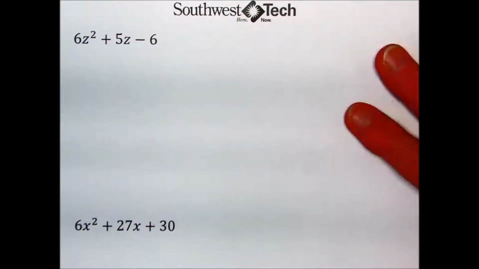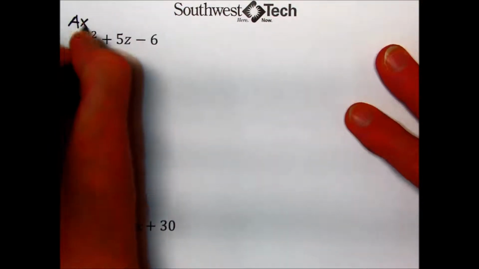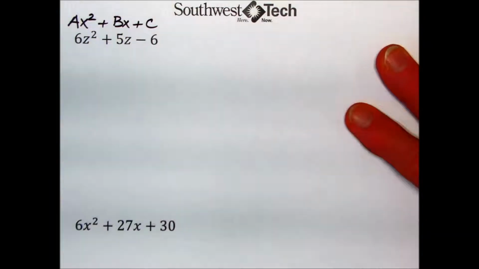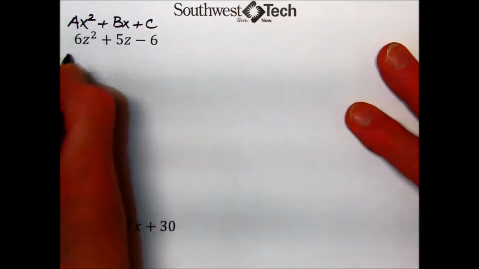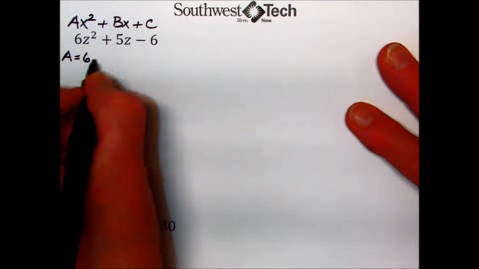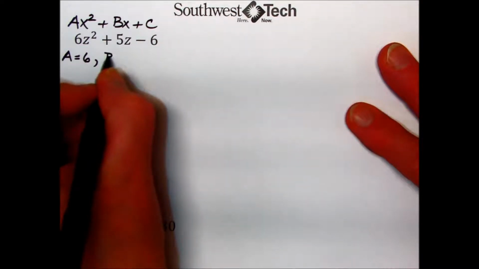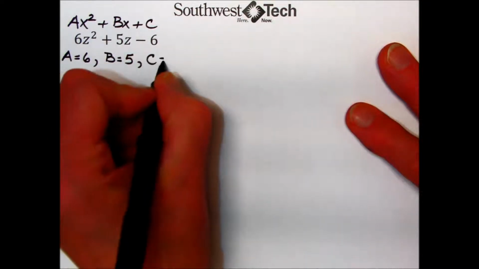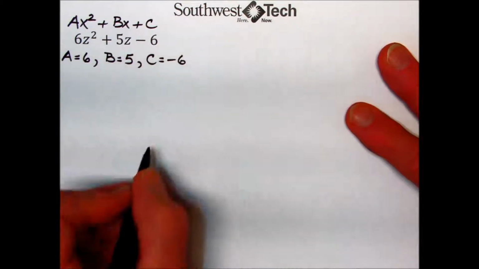On this one, if I use the same method and I compare it to ax squared plus bx plus c, and I pull off those coefficients, the a, the coefficient of my leading term, is 6. B will be 5. C, my signs don't agree, so C is equal to negative 6.